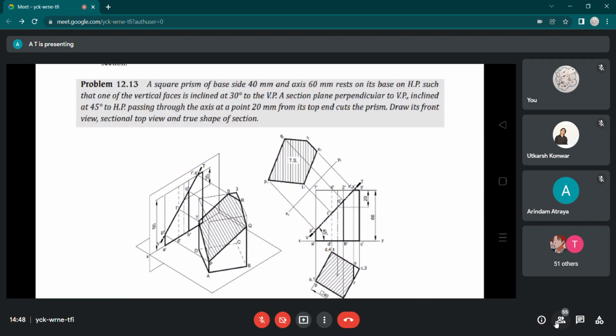And at what particular position does the inclined plane cut the prism? 20 mm from the top end, it will cut the prism. So you have to draw the front view, sectional top view, and true shape of the section.